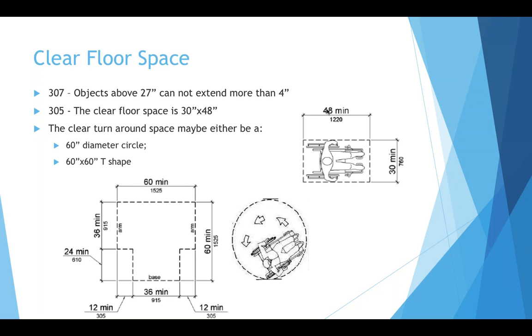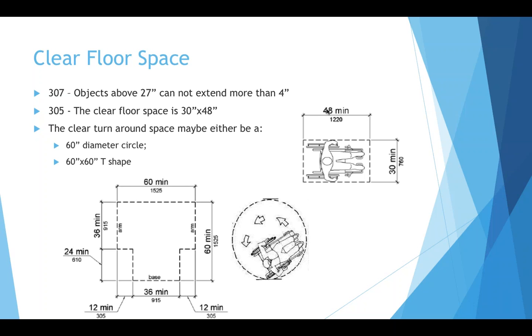And the reason for that magic 27-inch number isn't so much so that the wheelchair can pass under it, although it does help with that, but really it's for the blind. And so when they swing their canes back and forth, that 27-inch mark and greater than 4 inches from a wall, because if they're tapping against the wall, anything greater than that, they'll recognize it, and they'll know to step around it.